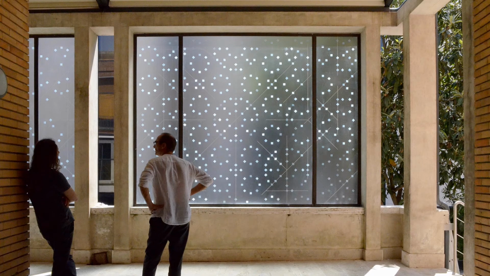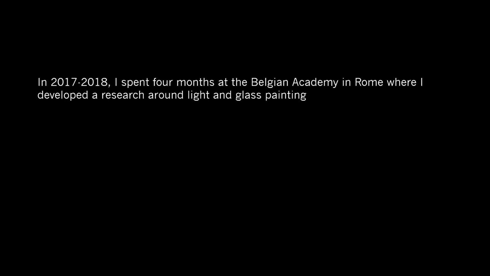During my residency, I spent a lot of time on Google Patents, studying patents about glass painting, and I found out that there were many forgotten technologies of painting on glass from the 1930s to the 1990s.